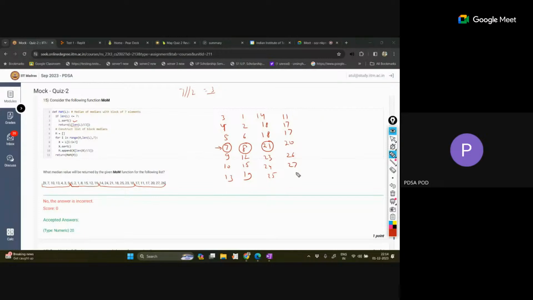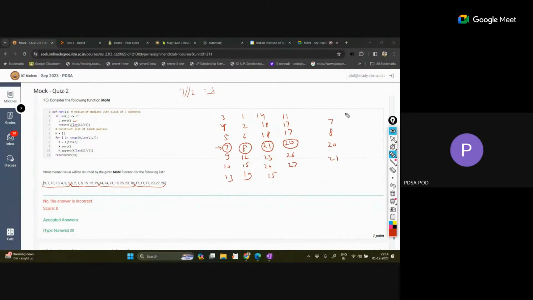The next block has length 6, and 6 floor division 2 is also 3. So this is the middle for the next one, and we get this value in the next block. So 7, 8. Then we also arrange in increasing order. So 20 and 21.